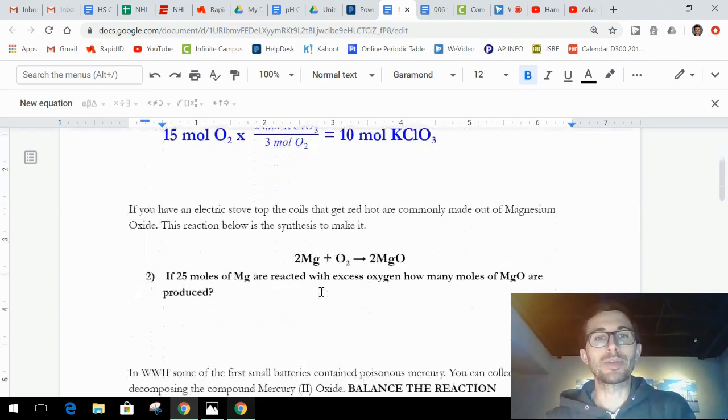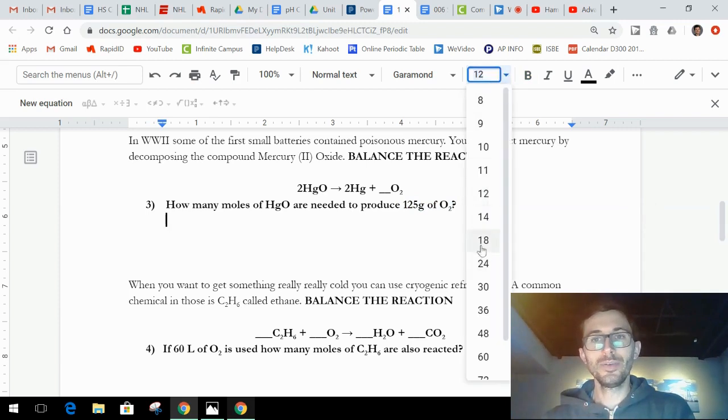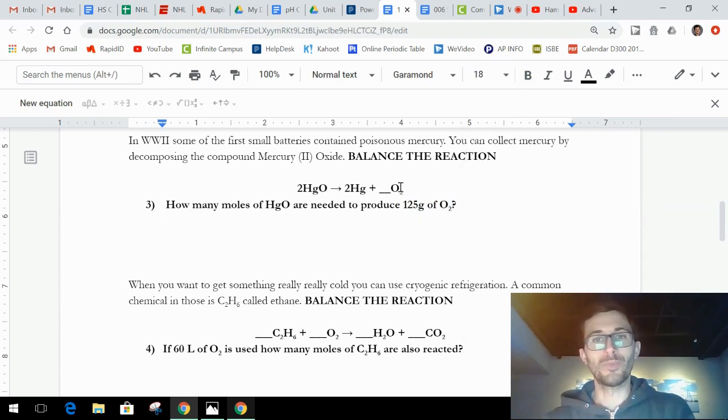For two-step, I'm going to head down to number 3 here. I already balanced the equation. Okay, so 2HgO, then 2Hg over here. So note for this, we're still trying to get to moles of this mercury oxide compound, but we're starting with 125 grams of oxygen. So we're starting with grams of one thing, and we're trying to get to moles of something else.